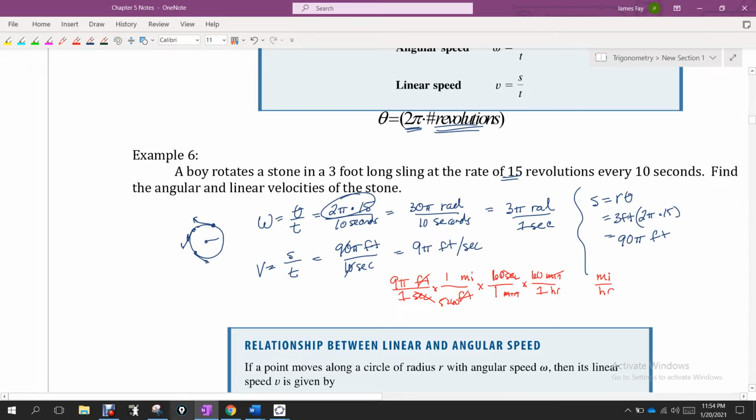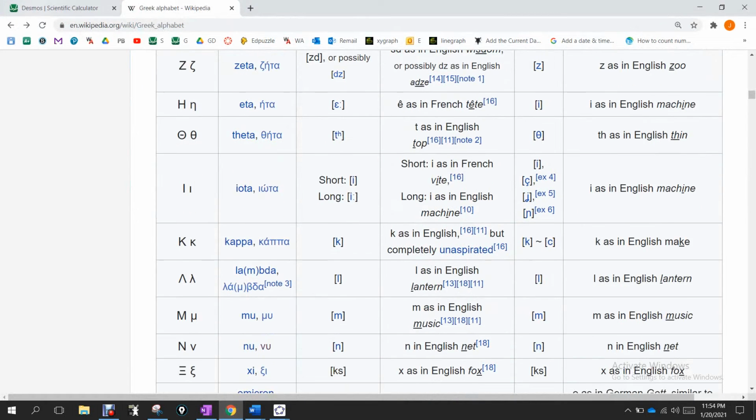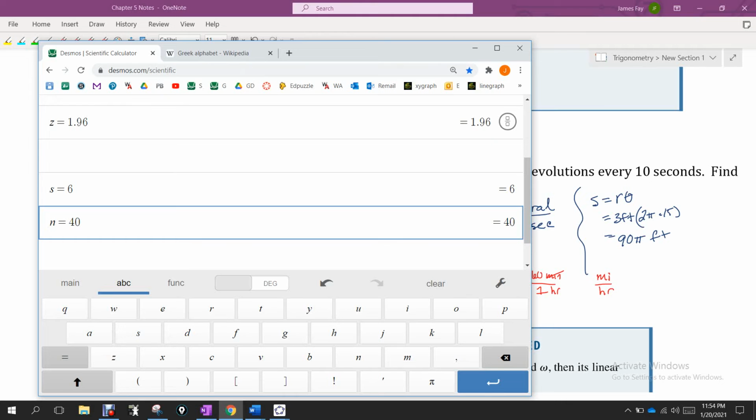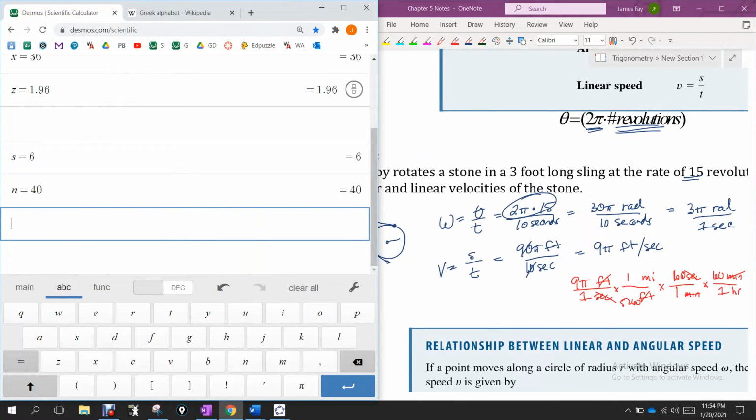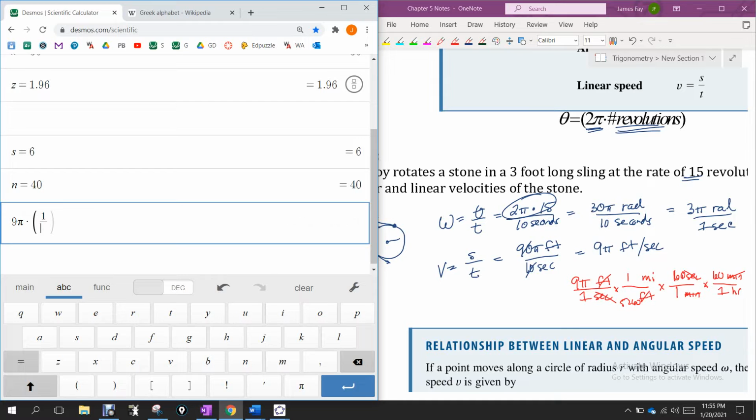So now let's take that, open up Desmos here, multiply this out. So we've got 9 pi times 1 over 5260 times 60 over 1 times 60 again.